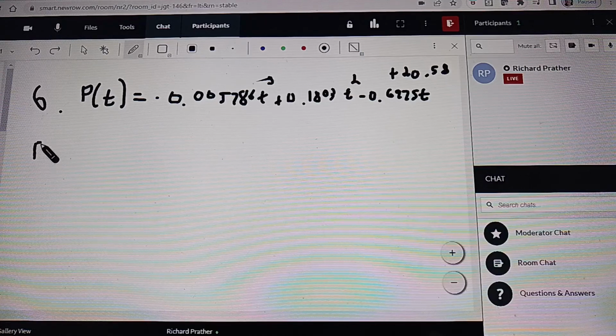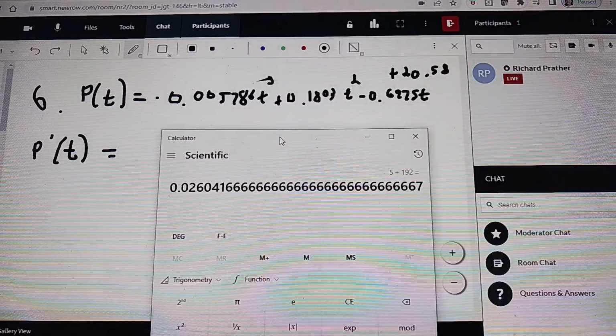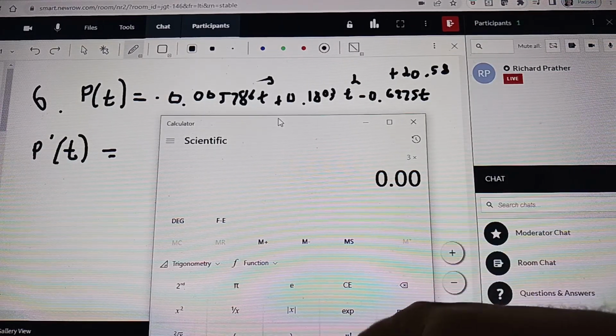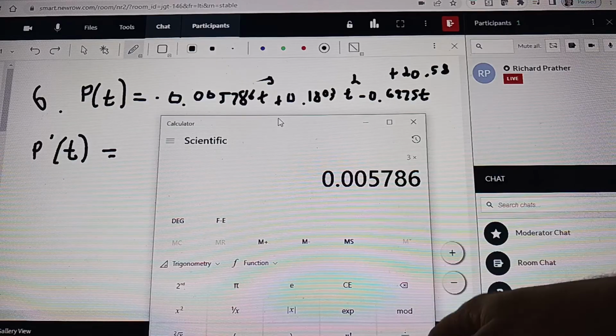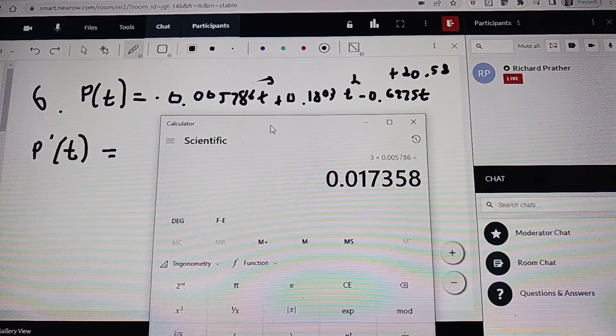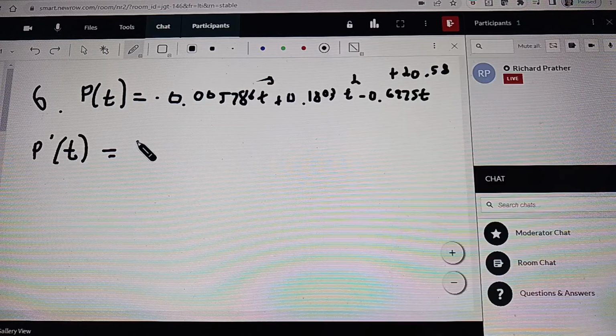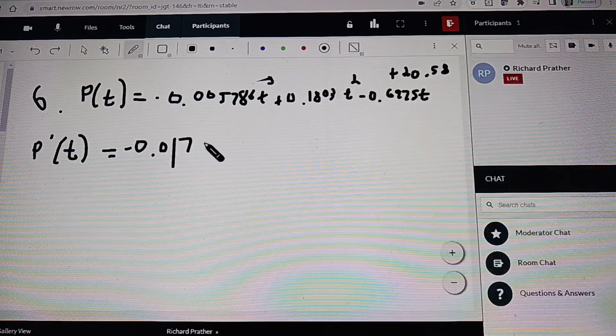So the derivative of this will turn out to be quadratic because the exponents are going to decrease by 1. So I need to do 3 times this decimal, 3 times 0.005786, 0.017358. And it should be negative too. Negative 0.017358.